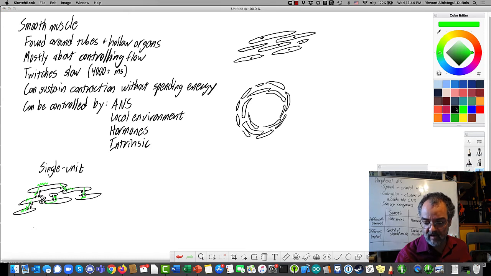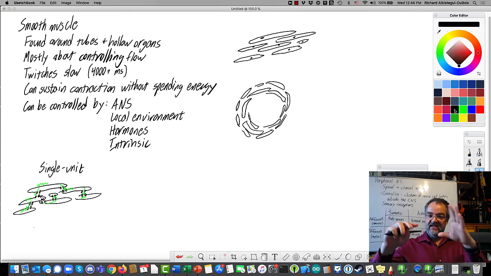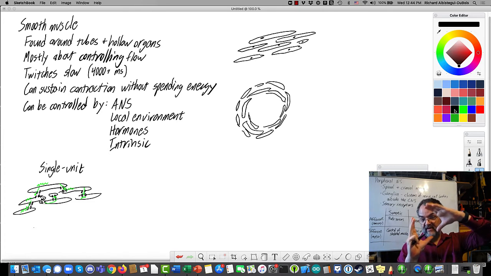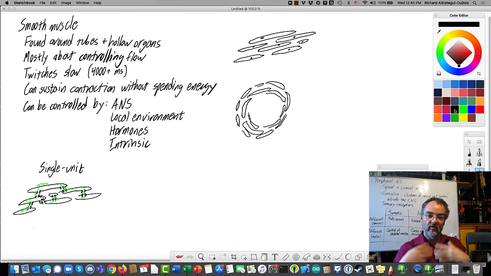One common way you would find that would be, for example, in a ring of smooth muscle around the digestive tract. If all of the cells in that ring are connected together, then when any of them gets a signal to contract, it spreads through the whole ring, and the whole ring contracts together and relaxes together. Meaning that whole mess of connected muscle works as a single unit, hence the name.